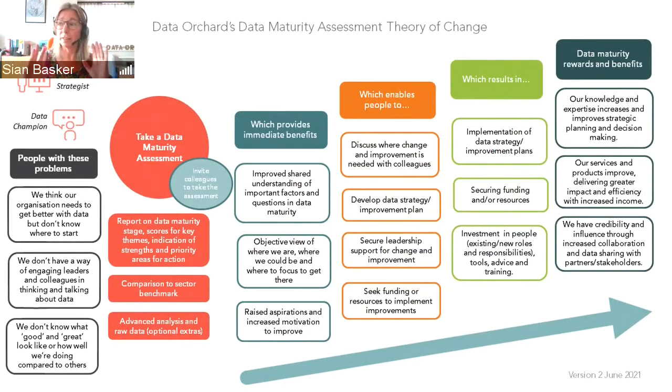So the idea is people with those problems take our data maturity assessment, which provides them with immediate benefits. Our impact report shows the biggest impact of the tool is that it's about learning. So it helps organisations to develop a shared understanding about what's important and what questions they need to be thinking about in terms of their organisation's data maturity.